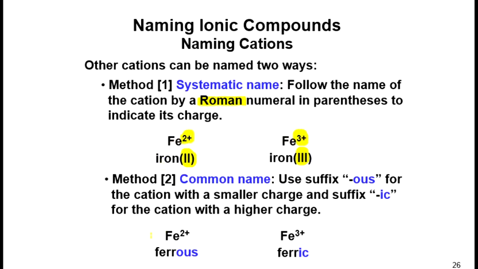Another method, we call the old-fashioned method. We may use some suffixes like os and ik to call the transition metals. So if we have like this, larger number ik, lower number, smaller number means os.